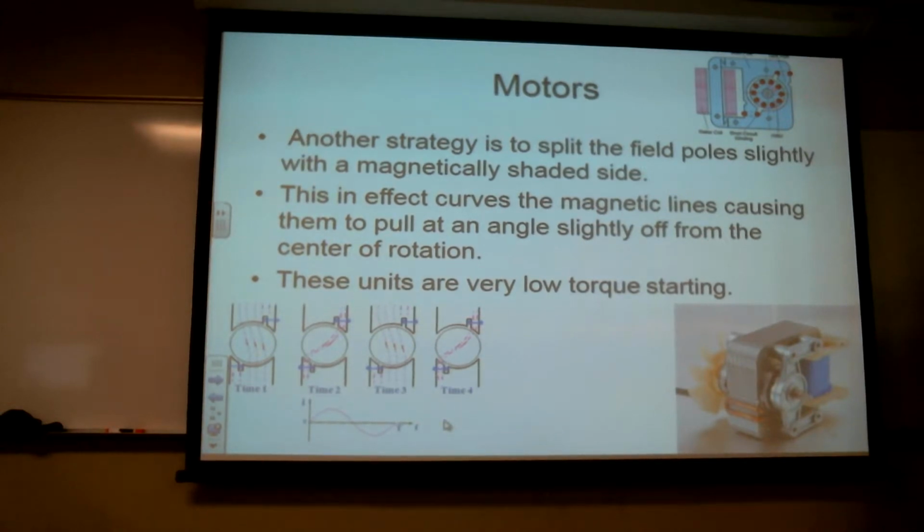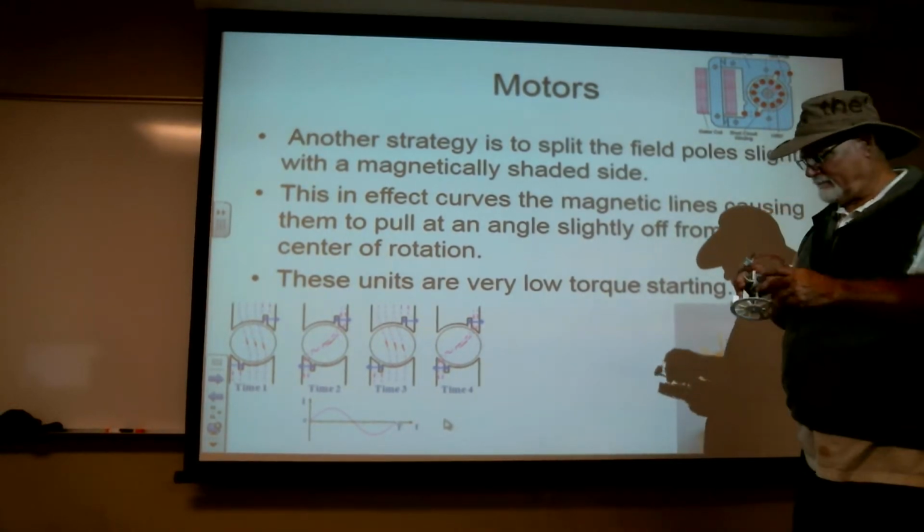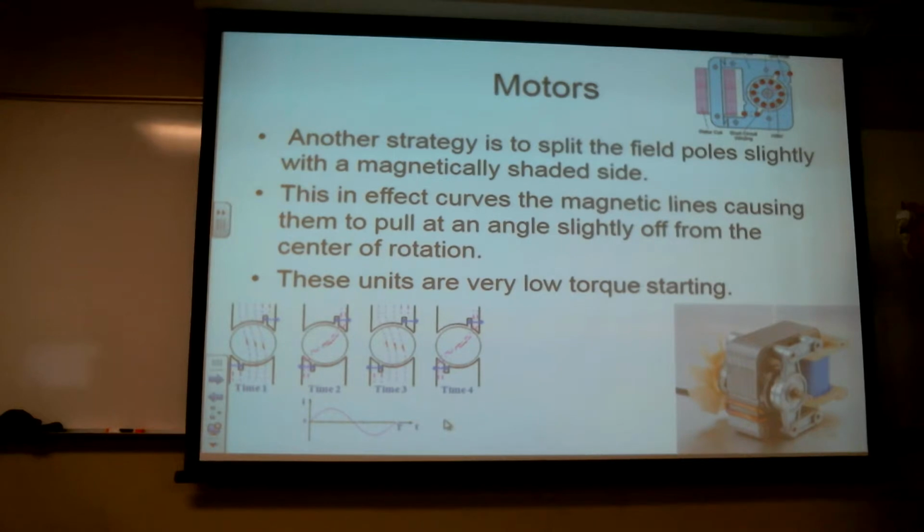You guys don't believe me, do you? Well, let's see if the drawing is correct. So the shading appears to be the same way. So this should spin this direction.